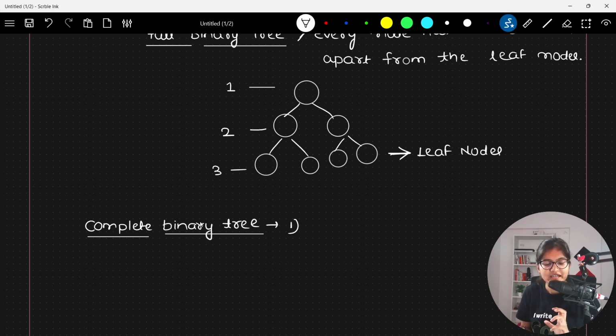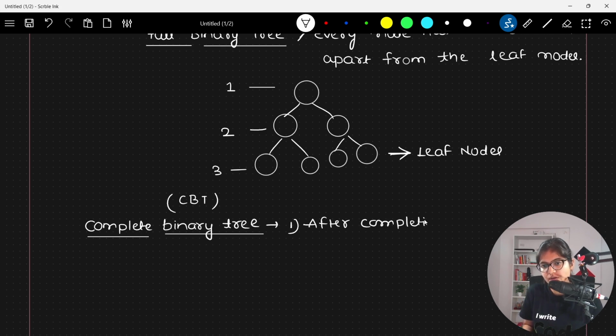The very first condition of CBT, the short form of complete binary tree, says that whenever you are filling nodes, the upper level should be completely filled up, and only then go towards the lower level.